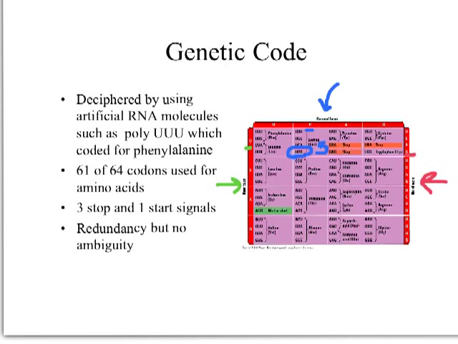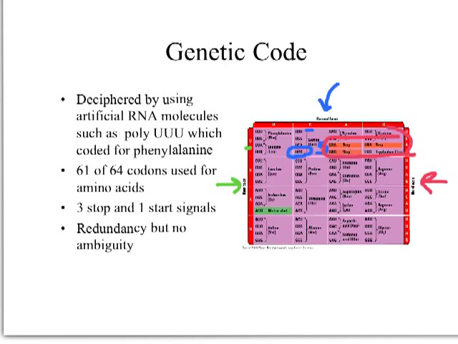So 61 of the 64 codon possibilities are going to be used for making amino acids. And then there are 3 stop signals. So we've got these guys over here that are stop signals, UAA, UAG, and UGA.